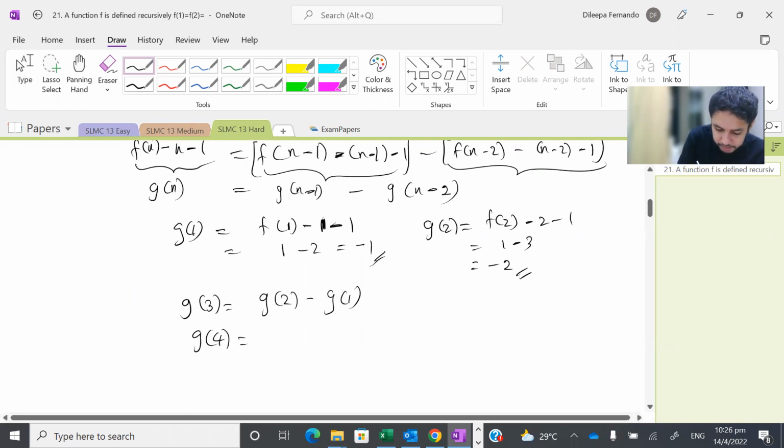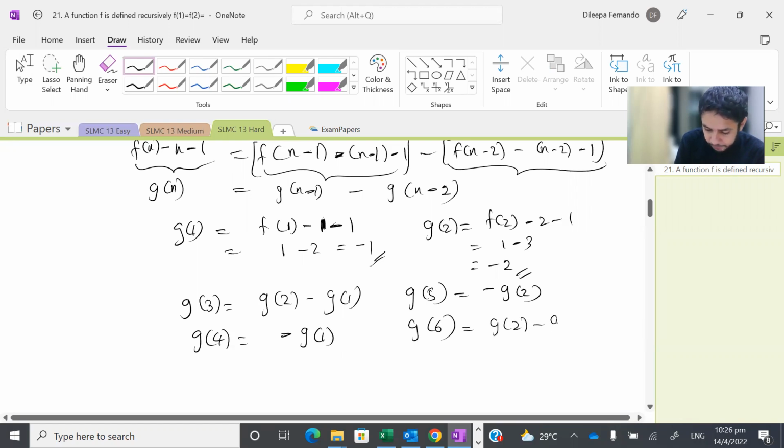That means minus G1. And G5, G4 minus G3 equals minus G2. G6 is G5 minus G4, equals G2 minus G1. Okay, now we are getting there.